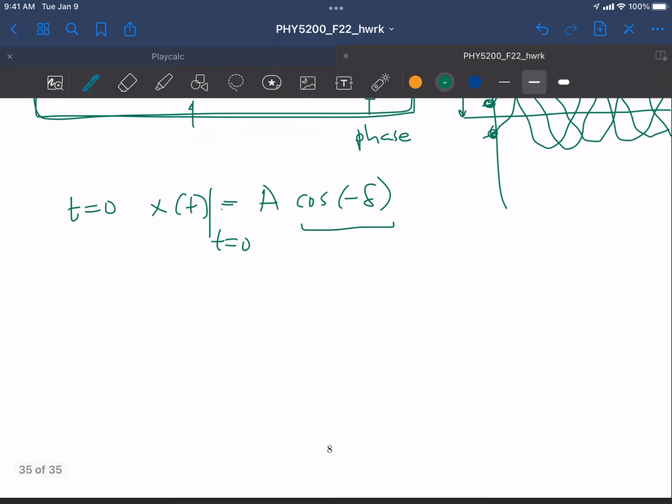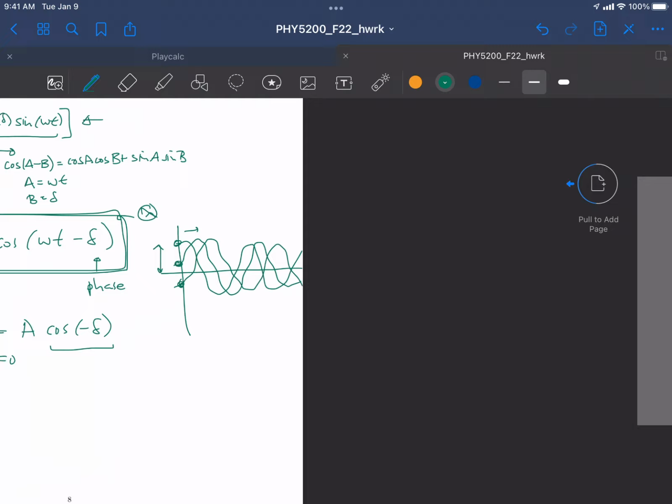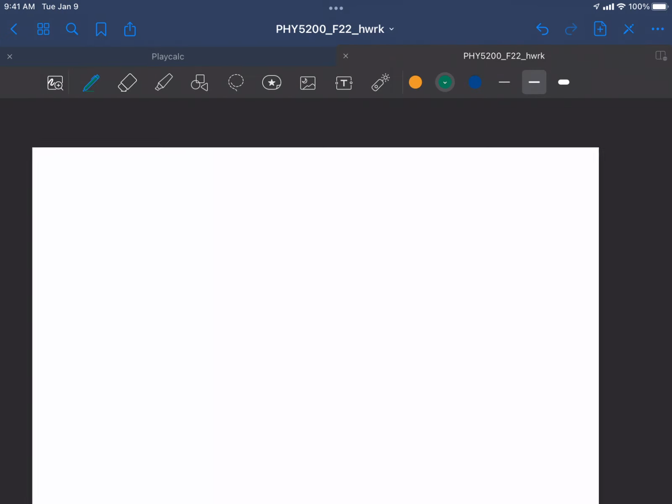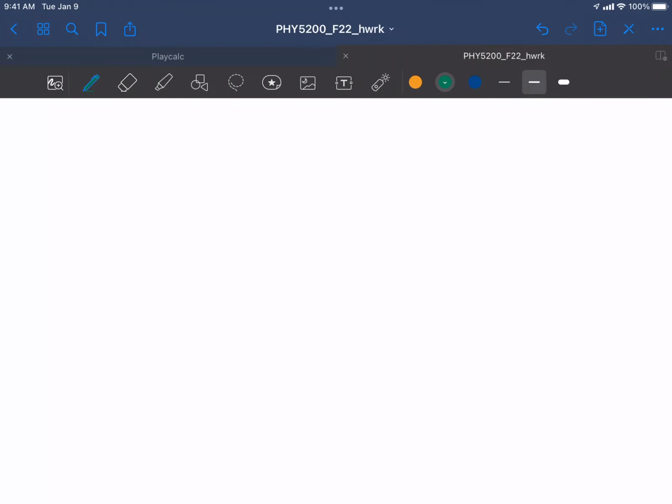All right. Yet another solution is the real part of a complex exponential.